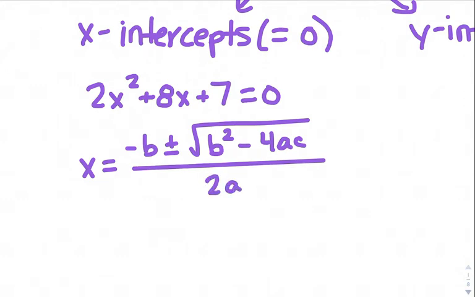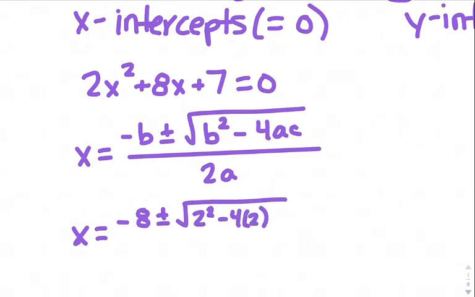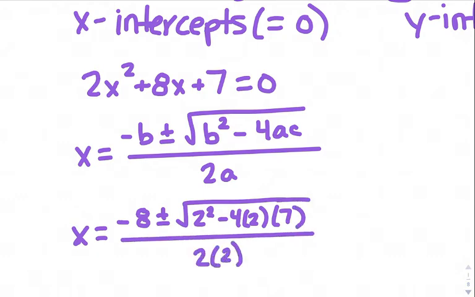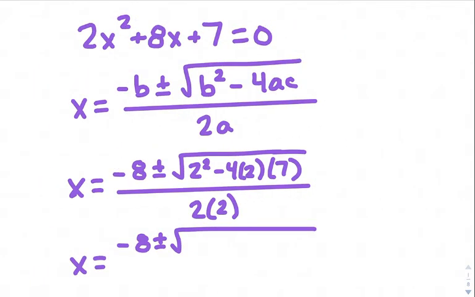That's going to let me know what my x-intercepts are. So it's going to be x equals negative 8 plus or minus the square root of 8 squared minus 4 times 2 times 7, all over 2 times 2. Now it's just about simplifying. I'm going to leave negative 8 alone.